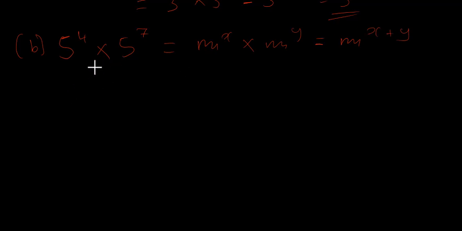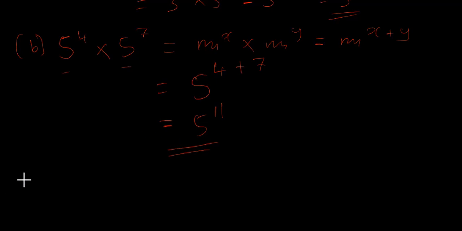We have the same base in this scenario, so this is going to be 5, and we add 4 plus 7. When we add 4 plus 7, we get 11. So this is our answer.